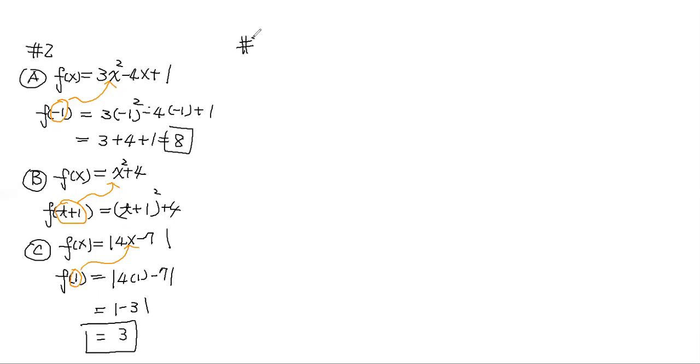Okay, so number 3, we want to find even, odd, or neither. Before we do this, let's do a brief review to refresh your memory. How do we do even or odd, right? For evens, we say f of negative x is equal to f of x.